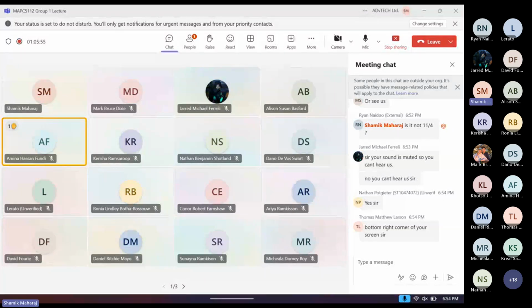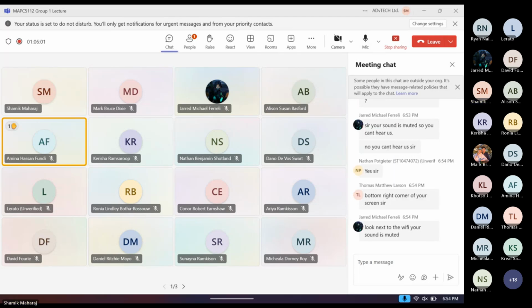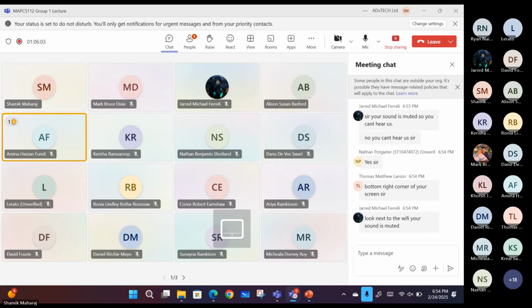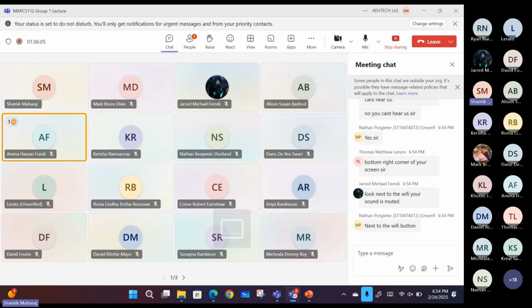Bottom right corner of my screen. Yeah, there we go. It's clear. It's just the volume is off. That's all that it is. Why am I being stupid is the question that we all need to figure out. Yeah, it was as simple as that. Guys, I'm so sorry about that. Does anyone want to say anything now that I can hear you guys?